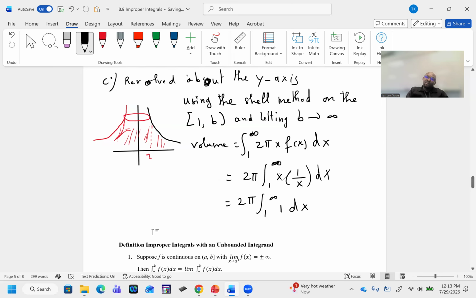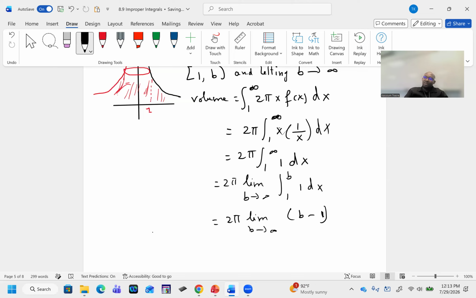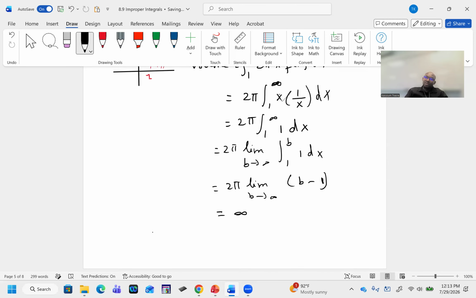So now letting our b go to infinity, we will have 2 pi, the limit as b approaches infinity, 1 to b, 1 dx, which would be 2 pi, the limit as b approaches infinity, b minus 1, which is equal to what? Infinity. So this means what?